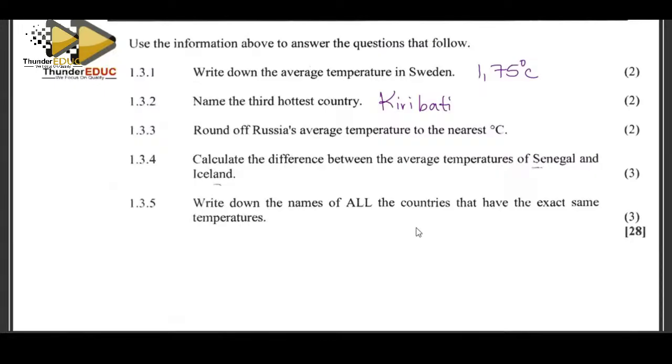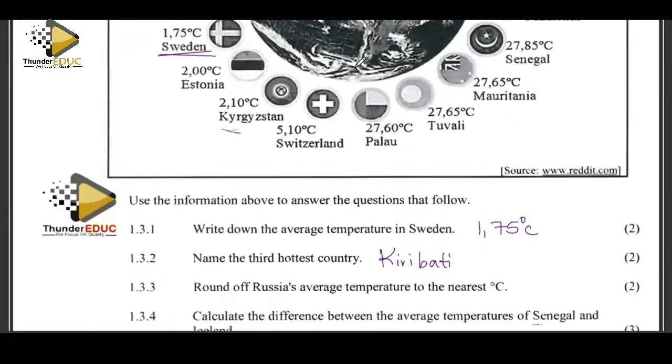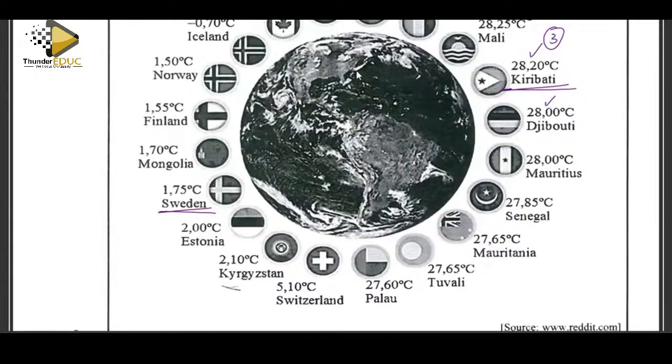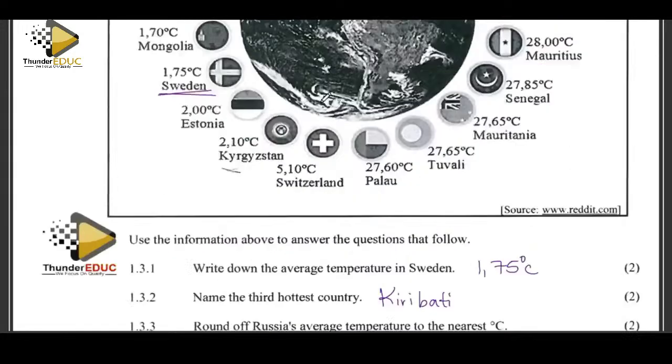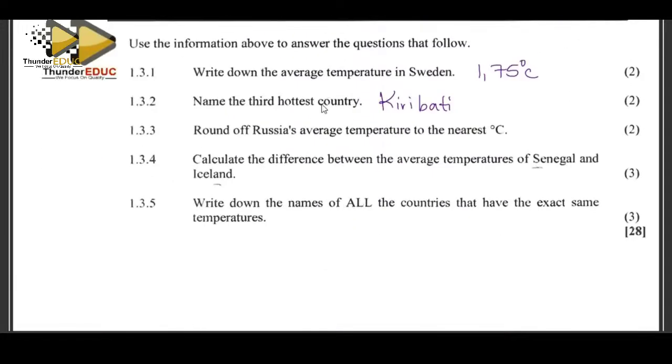Round off Russia's average temperature to the nearest degree Celsius. Centigrade. We come here and you see. Look for Russia. Russia, it's up here. If you have to round off this, it's negative 5,35 minus 0 minus 0, so you pick your calculator.